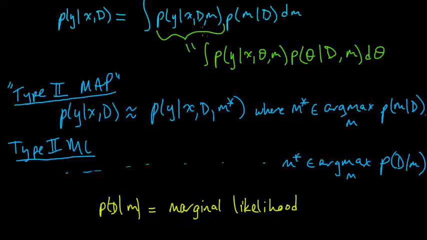So this thing I was talking about before, how since this thing here is already averaged over the parameters theta, choosing this m star in either of these cases really is not overfitting.